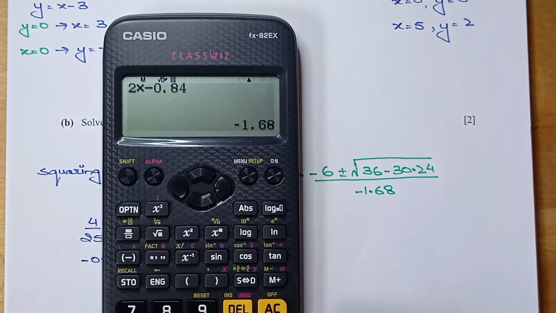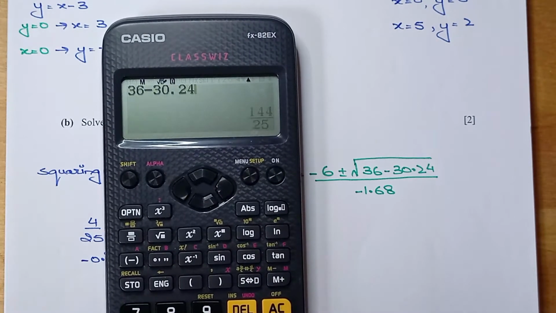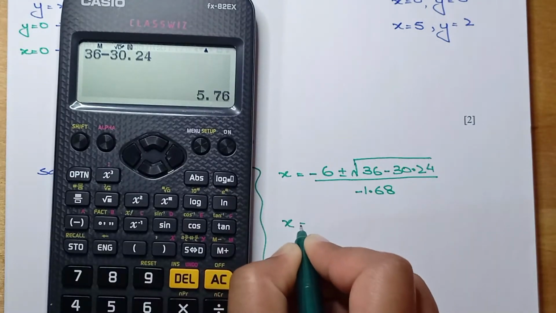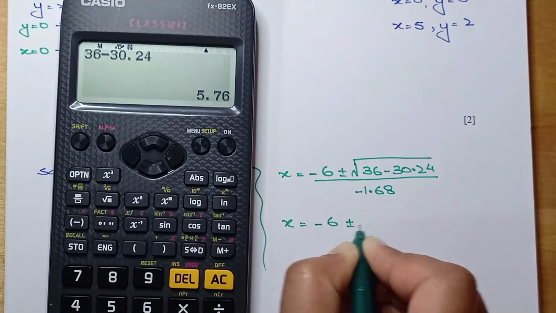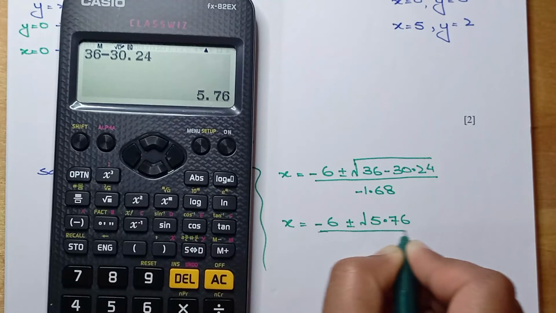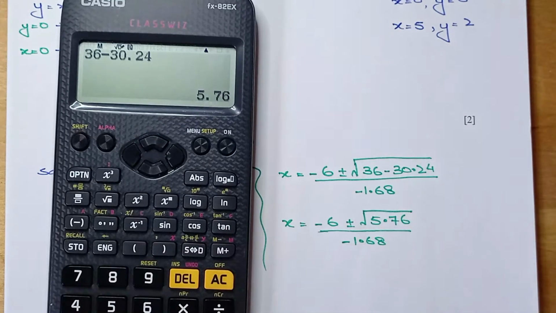Right. So first we solve the terms inside the square root: 36 minus 30.24 is 5.76. So x equals minus 6 plus minus the square root of 5.76, divided by minus 1.68.